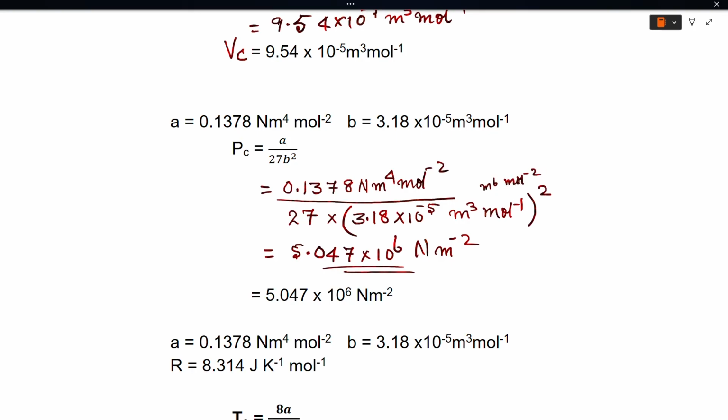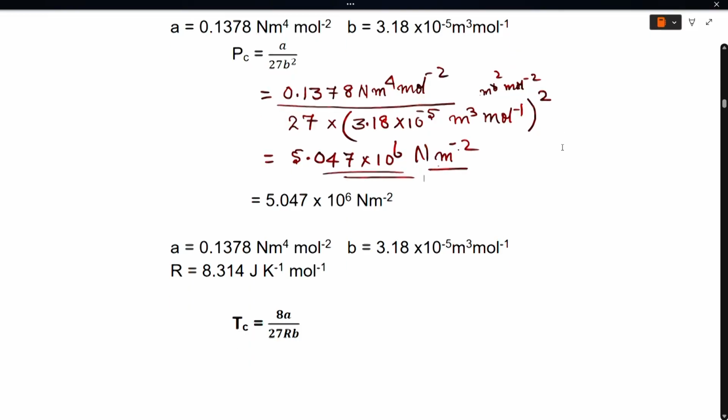Mole raised to minus 2 and mole raised to minus 2 get cancelled. Meter raised to 6, when I take it to the numerator, becomes meter raised to minus 6, and here we have meter raised to 4. So, we can cancel, it becomes 2, and meter square taken to the numerator will be meter raised to minus 2, and newtons, of course, do not get cancelled. So, newton remains there, and the unit will be newtons meter raised to minus 2. Hope it is clear.